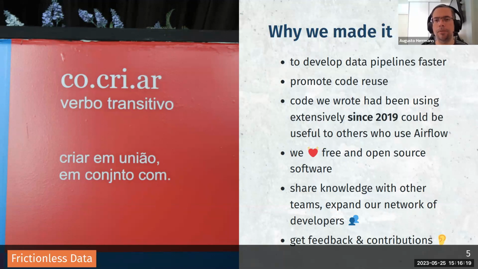We also love free and open source software, and we'd like to share knowledge with other teams, expand our network of developers, and also get feedback and contributions to FastETL itself.